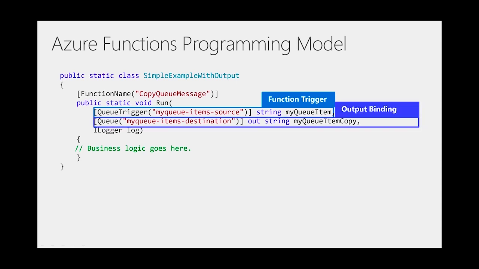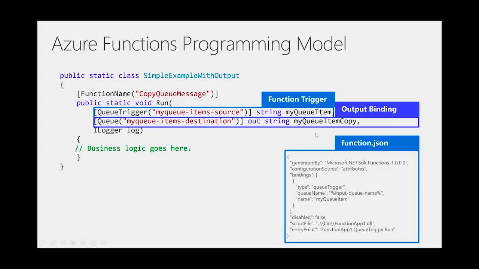And then you can also define something called an output binding. Basically, the output binding defines where, once you have processed all the necessary code in your business logic section, it could output to another place. In this example, it's another queue called myQueueItemDestination, right?